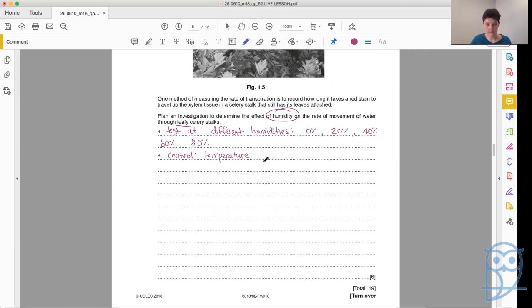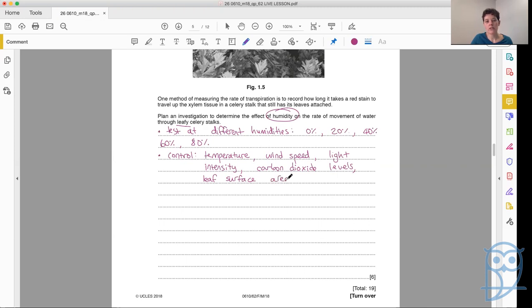So temperature, wind speed, light intensity, carbon dioxide levels, and leaf surface area. These are some ideas of what you could control.